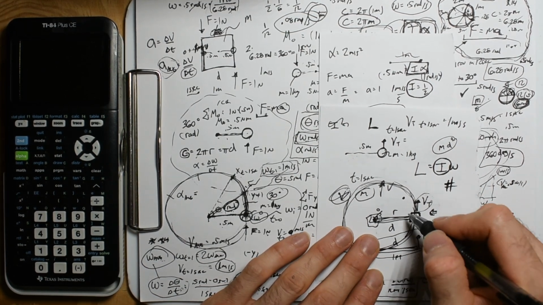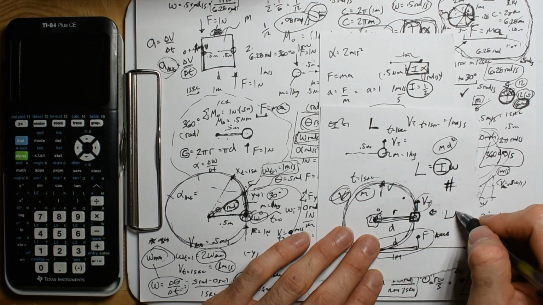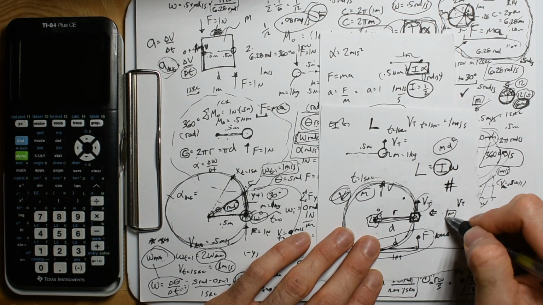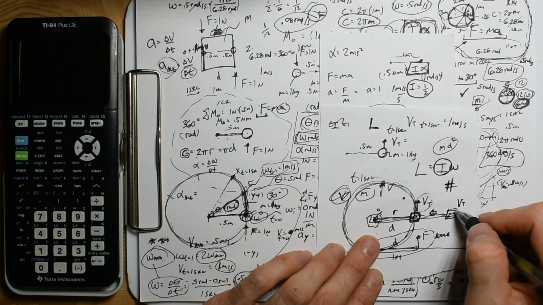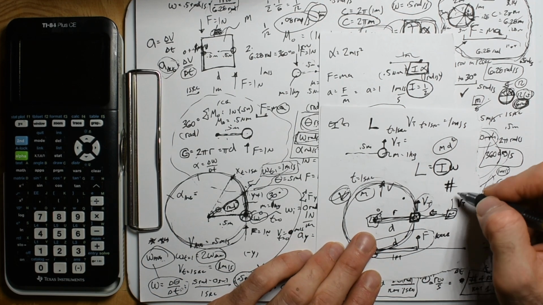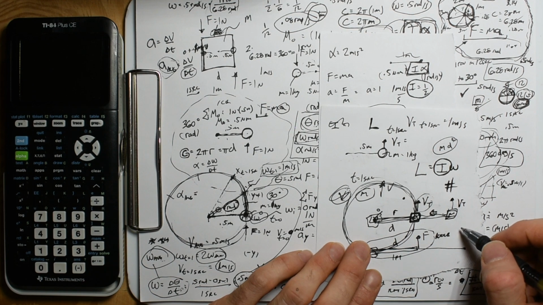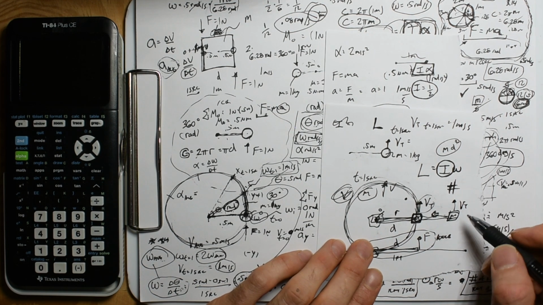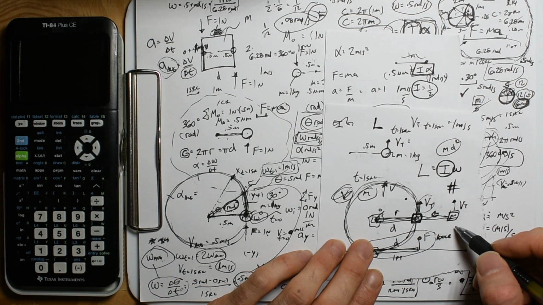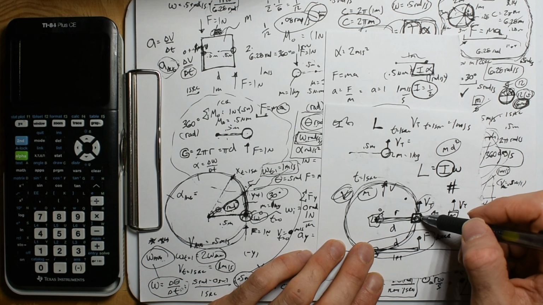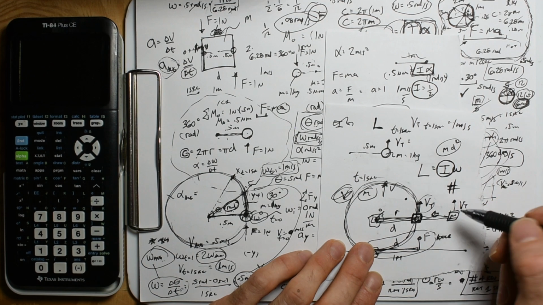Because maybe if I lengthen this radius out here and have this thing go the same velocity, same mass, but just a bigger radius, maybe that's going to have a different property. And actually, wouldn't this one be better? Well, I don't know.